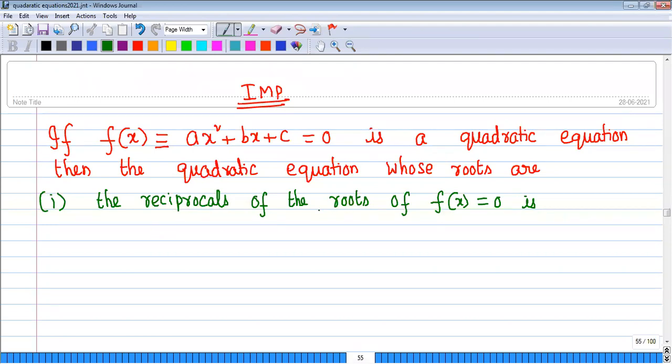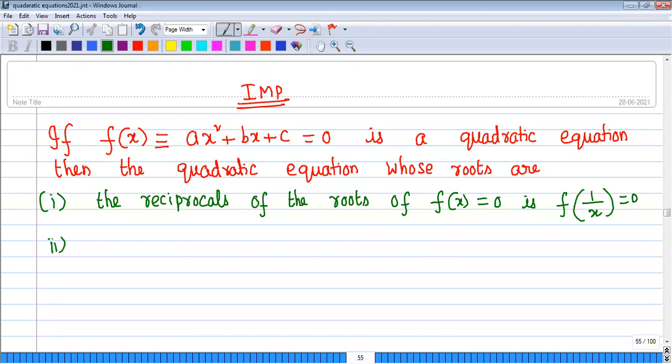Reciprocals of the roots means 1 by alpha, 1 by beta. A very simple way we can find out: in the place of x, substitute 1 by x and equate to 0. Whatever equation is provided, in that equation just replace x with 1 by x. You will get the required equation whose roots are the reciprocals of the given quadratic equation.